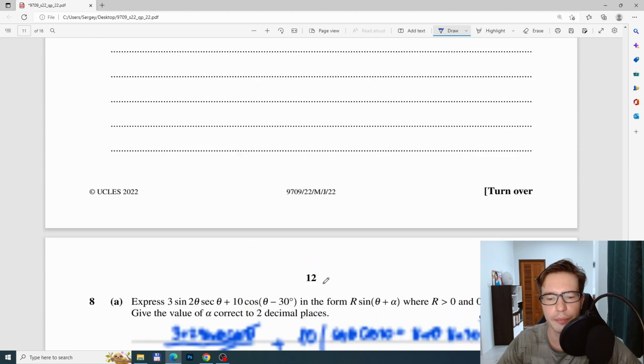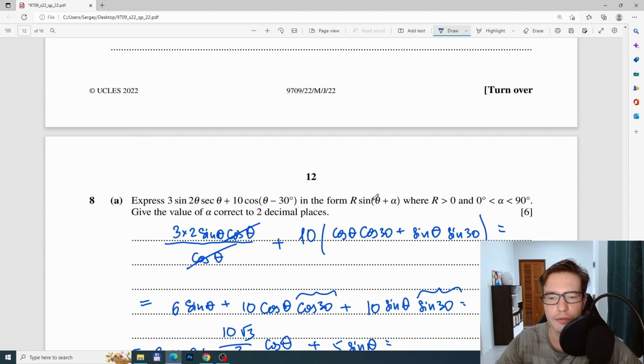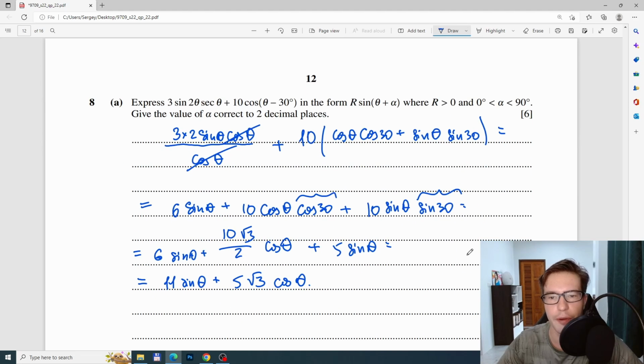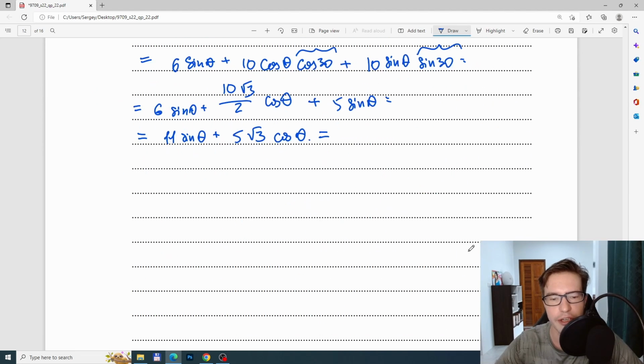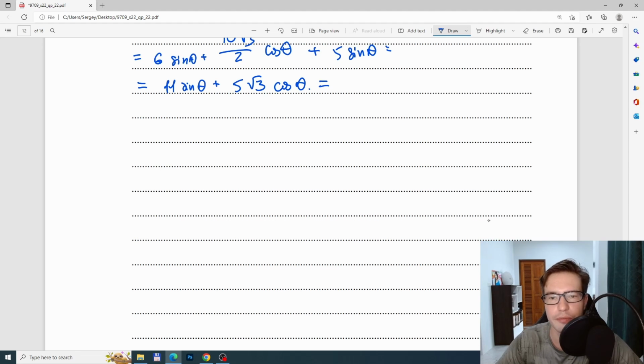And now we have to make it back into the compound angle in form of sine theta plus alpha. Now, before we do that, we'll have to factorize, and this technique is a bit tricky, but we'll have to bring out a square root of a squared plus b squared first, where a and b are the numbers next to sine and cosine.